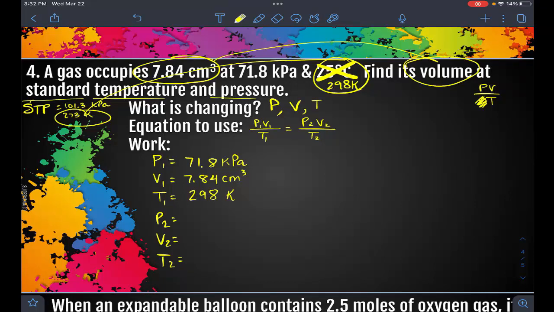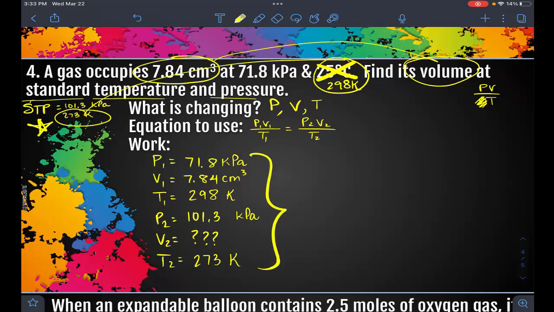All right. Find its volume at standard temperature and pressure. So those are the new conditions. Standard pressure, I need to list it as kPa so that the units match. So standard pressure in kPa is 101.3. Volume, the new volume is our question mark. We don't know the new volume. And the ending temperature is standard temperature, 273 Kelvin.